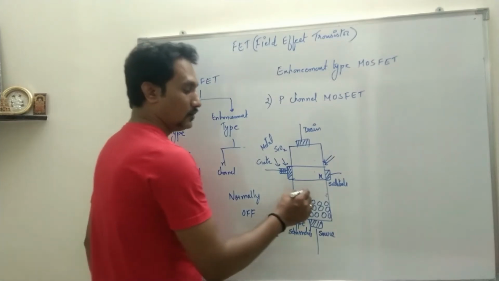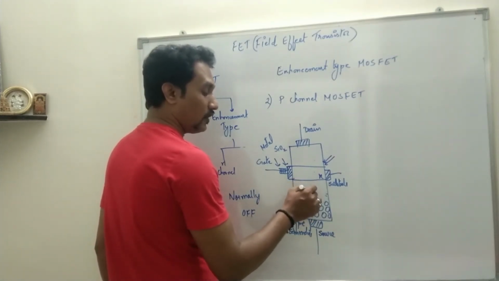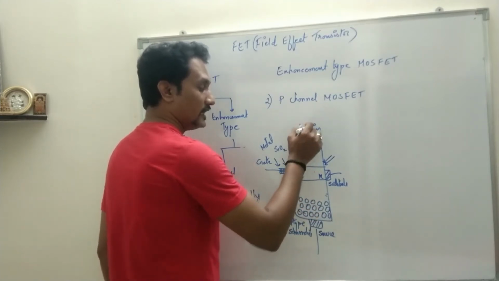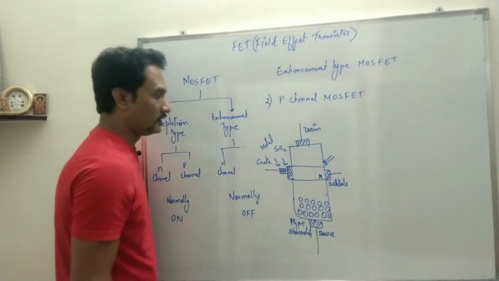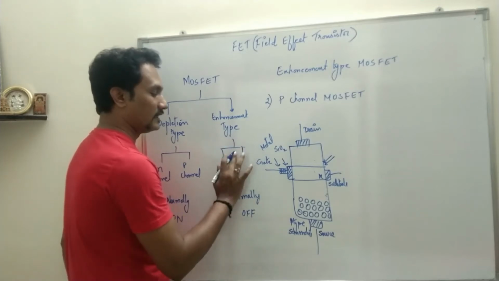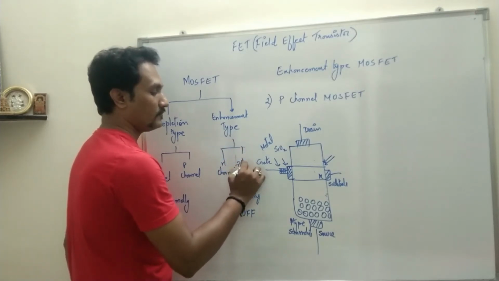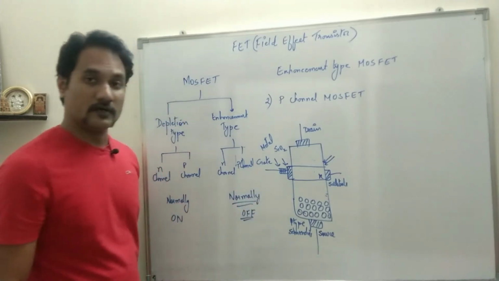Now as there is no channel width, will there be any flow of current from source to drain when we apply potential between source and drain? Of course not. So in the enhancement type P-channel MOSFET also, the transistor is normally off.